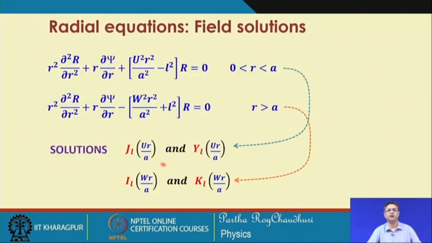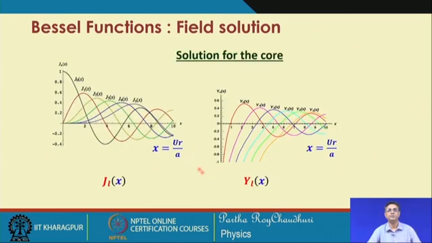Okay, so let us see how the solutions look, J L and Y L individually. If you plot, this is the variation of J L as a function of x, whereas this is Y L as a function of x.